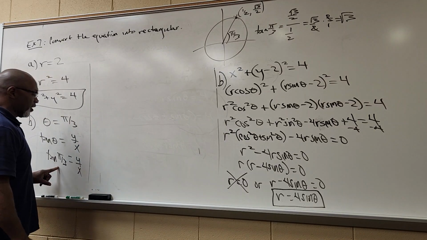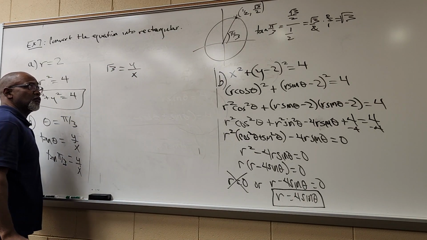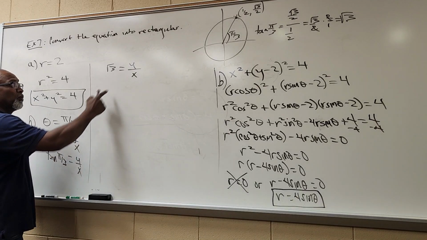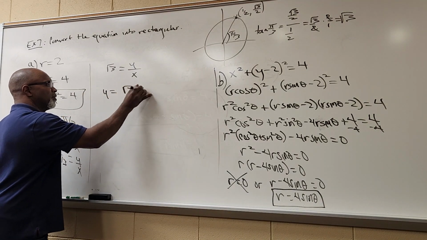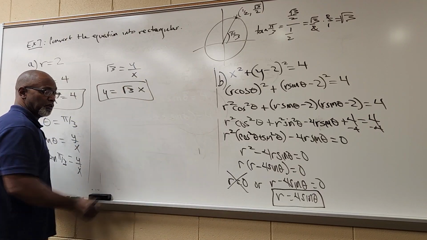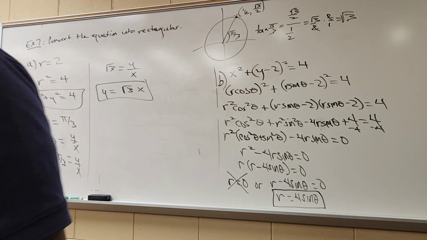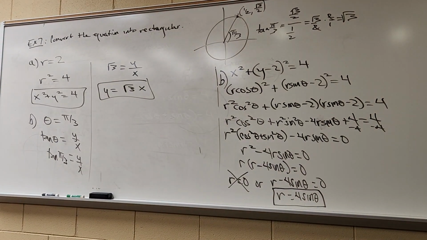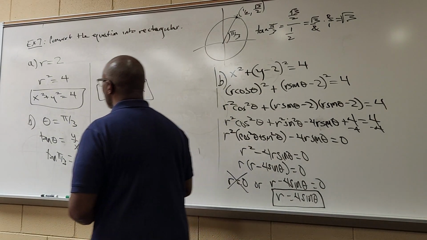So tangent of pi over 3 is square root of 3. So I can replace tangent of pi over 3 with square root of 3, multiply both sides by x, and turn it around. And there's your equivalent rectangular form: y equals square root of 3 times x.